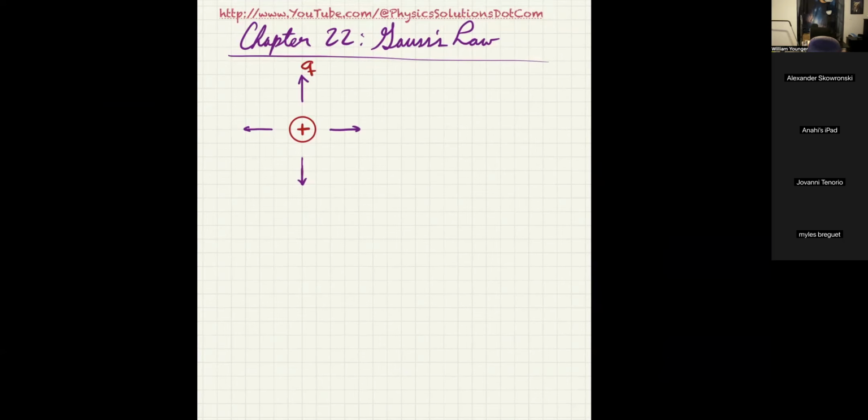Now, if I drew another charge that has a charge of, say, 2q, then that's going to be a little different. I'm going to show you that now. So if this one was a charge 2q, which again is still a positive charge, and let's see if I can move this over a little bit. Oops, I did not mean to do that.